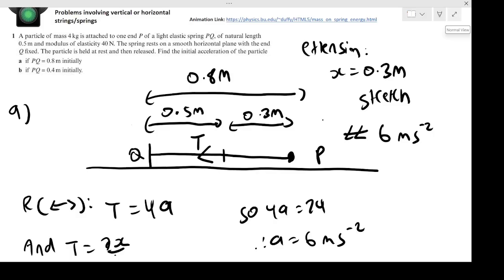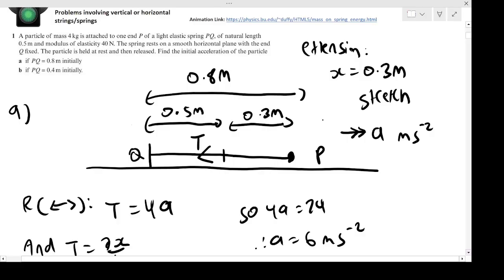Now, suppose you couldn't visualize that, or you're struggling to see where the movement is. Sometimes we don't know for definite where exactly the particle's going to go, left or right. Let's assume instead of the acceleration acting to the left, we pick it to move to the right instead.